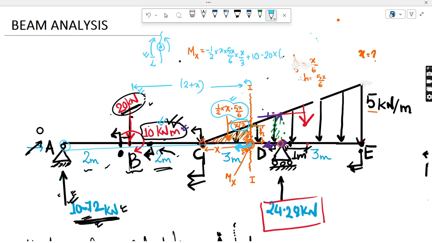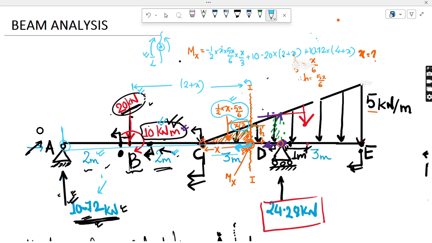Now this 10.72 is positive, and the distance from point A to this section point is 2 plus 2 plus this x, not 3. You don't get confused with 3. So 4 plus x.